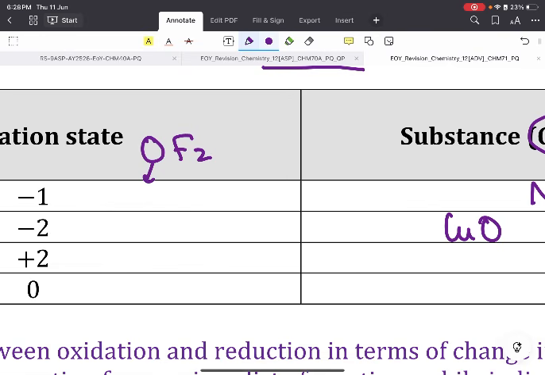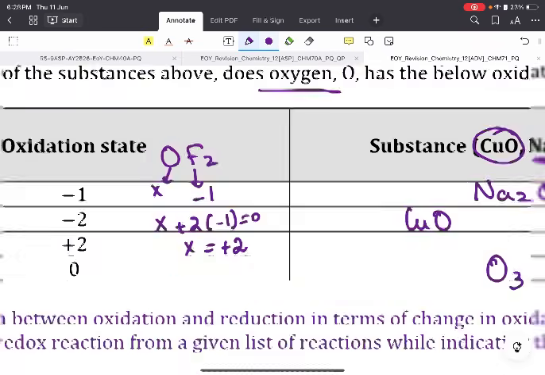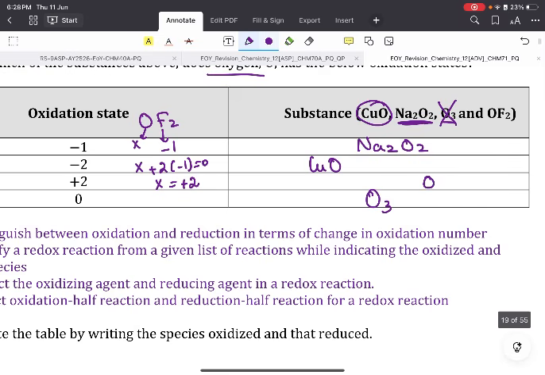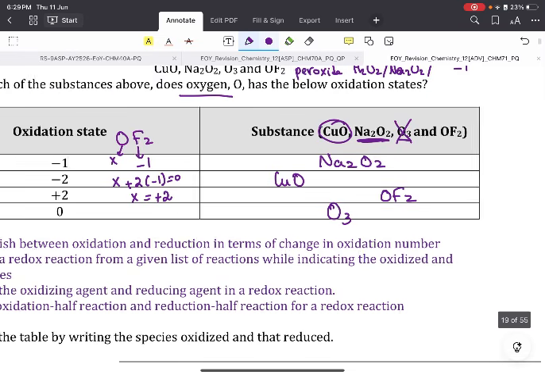O here is an exception. It's on the left side of the molecule. And F is always and forever -1 in compounds. So if I say X plus 2F equals 0, X is +2. So +2 is for OF2.